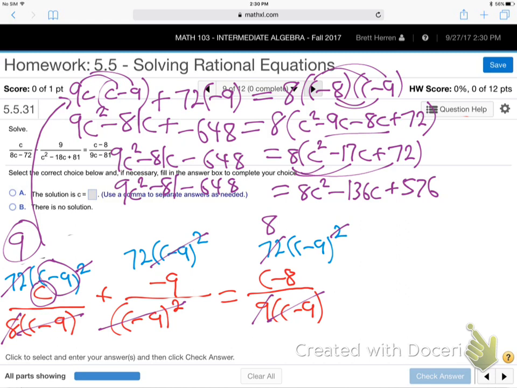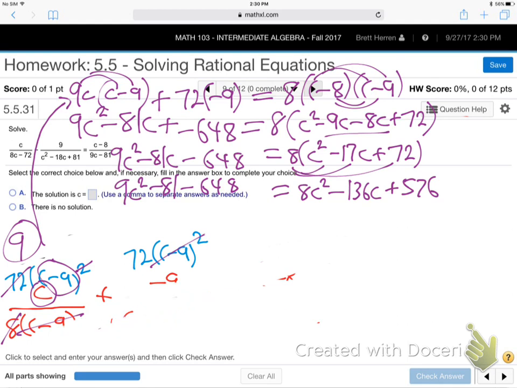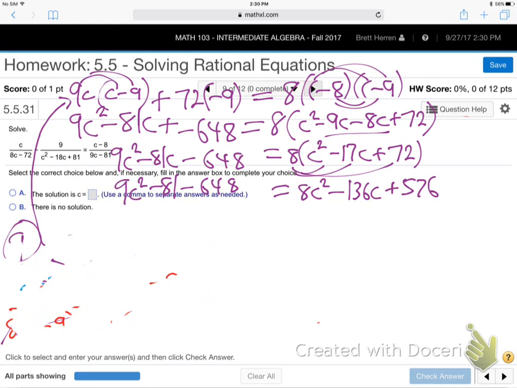We good to there? So I'm ready to show you something new if you're good with all that mess. I'm going to erase this stuff down below because we still got a few steps to go, unfortunately. This problem just keeps going and going and going.